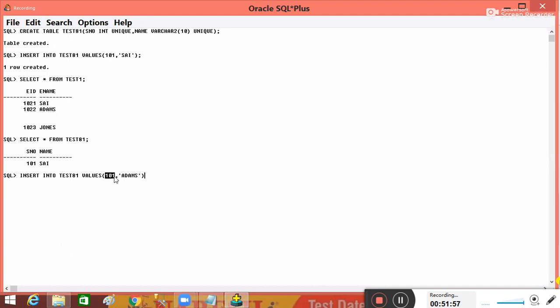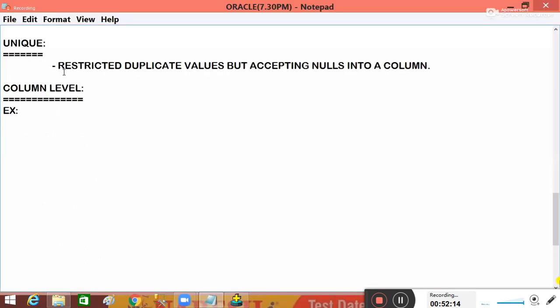Can it accept duplicate values? Accepting duplicate data? No, not at all. Okay, this is the nature. Restricted means duplicate values are not allowed.